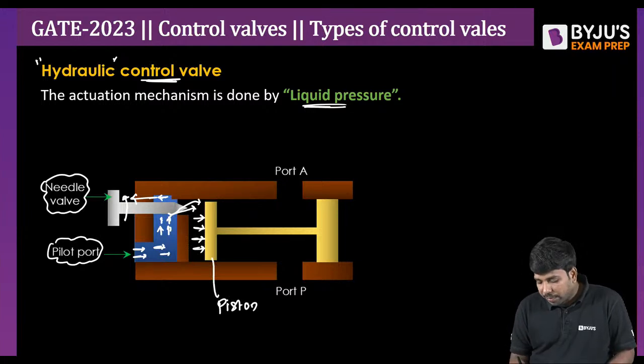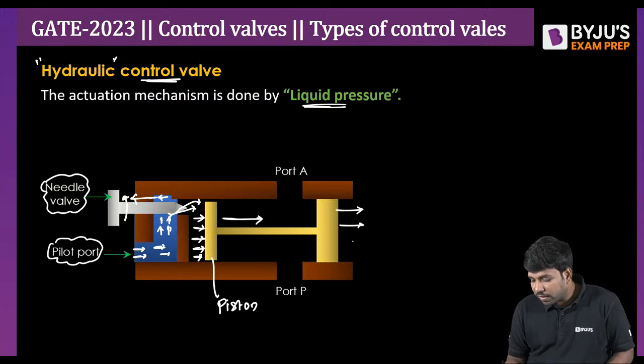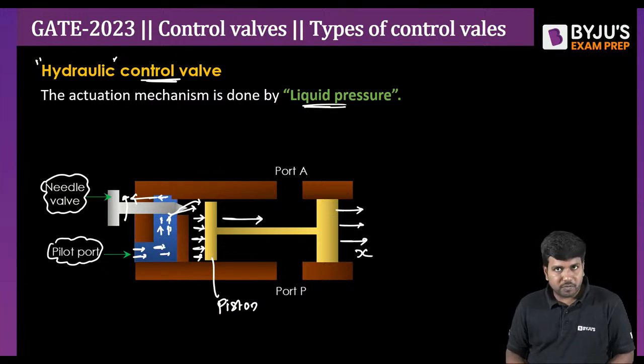Now what will happen when the pressure is applied here? Naturally this will tend to move to the right side, and when it moves right, this end also moves right. Let us say it moves by an amount of X units.